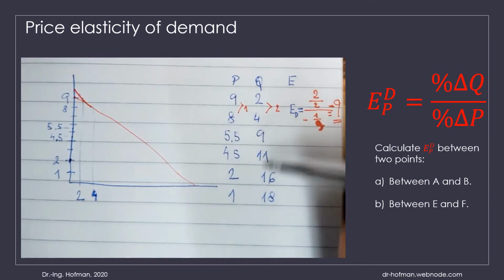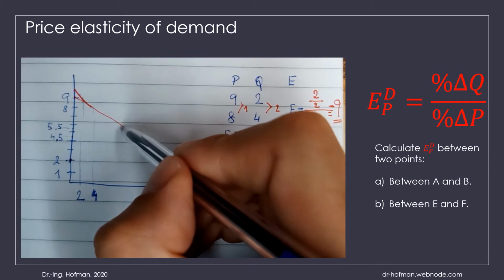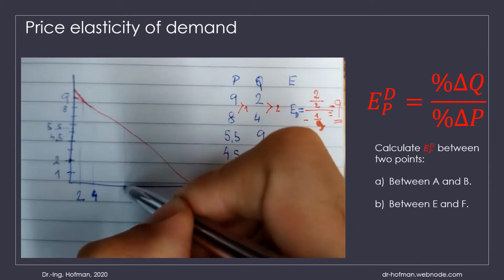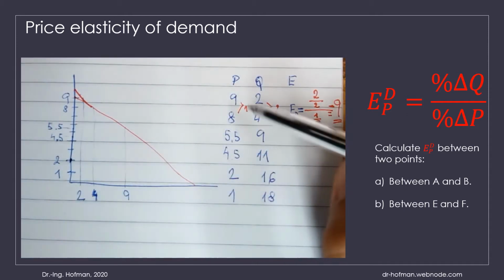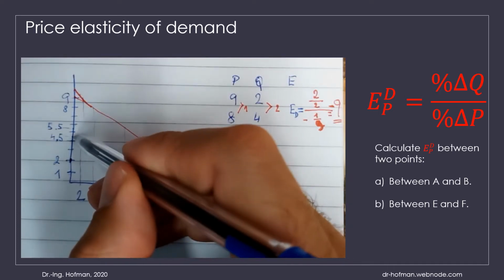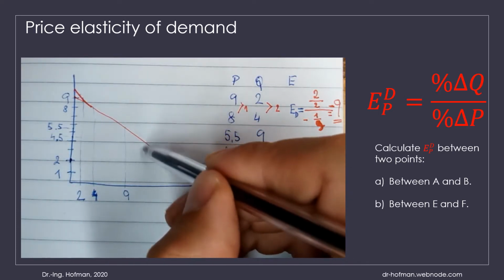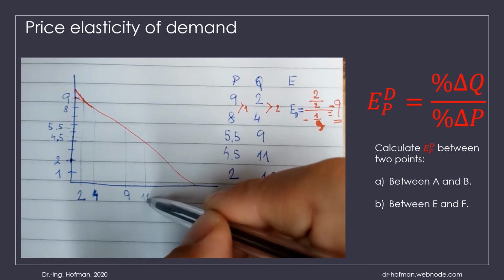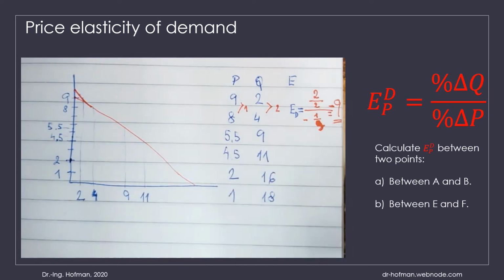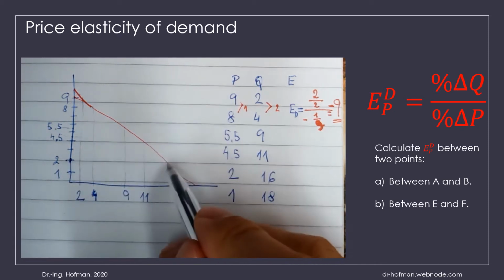By 5.5 it's 9 pieces. By 4.5 it's 11 pieces. By 2, so the price $2 for example, is 16 pieces.